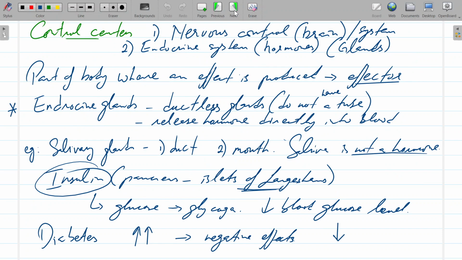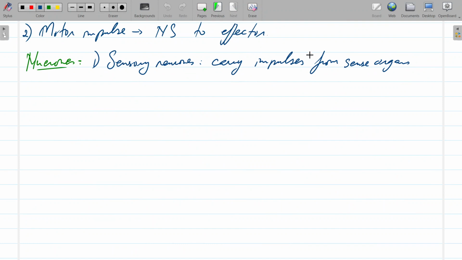It is a sensory impulse. So it's not necessarily only the sense organs, but receptors. These receptors can be external, like the sense organs, or they can be internal, and they carry it to the central nervous system.